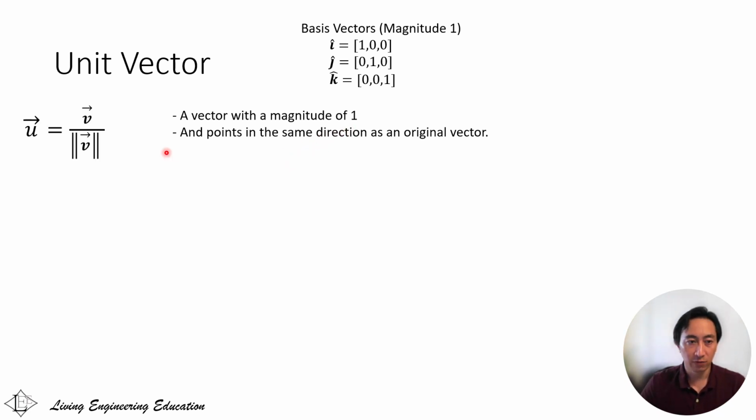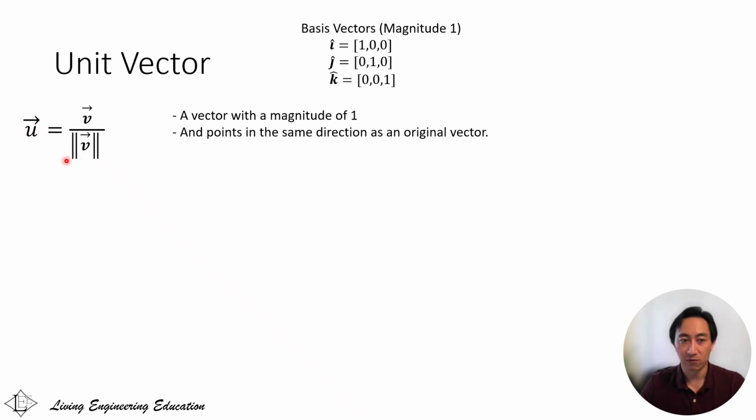So the way to solve for it, if I call u my unit vector and v my original vector, I just take the original vector and divide it by its magnitude. This forces this unit vector to have a magnitude of 1, right?